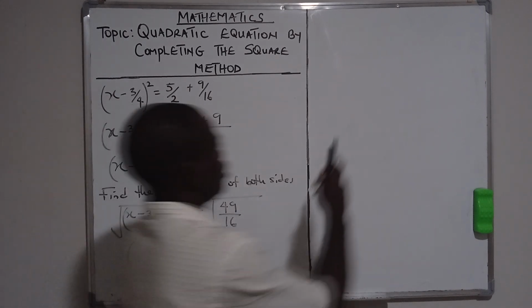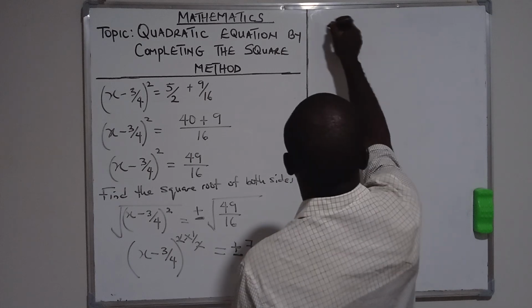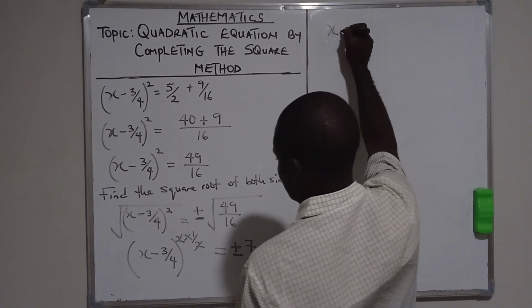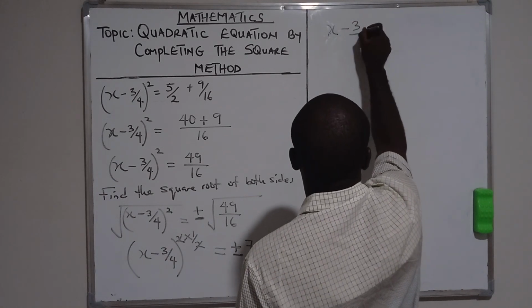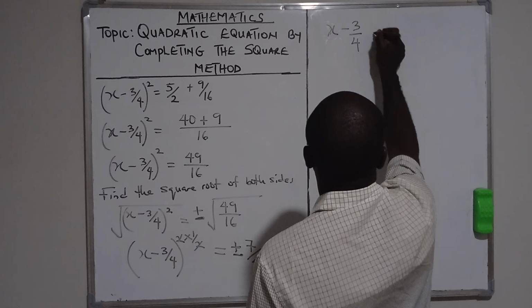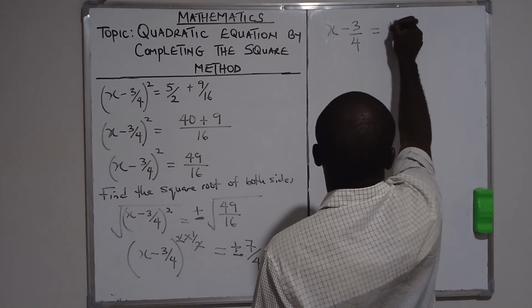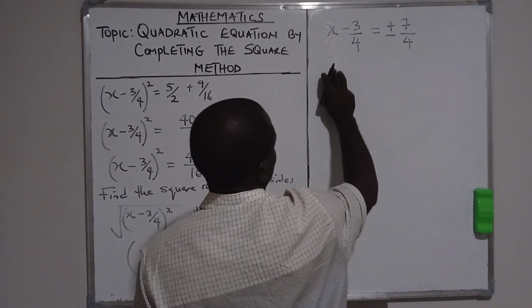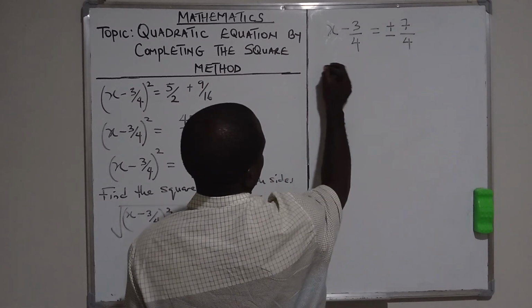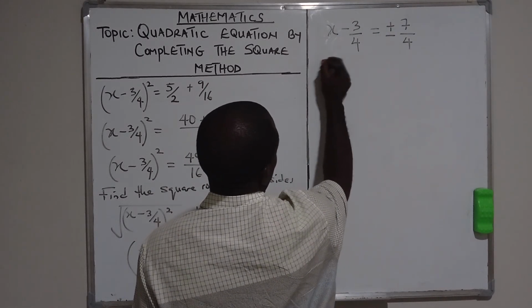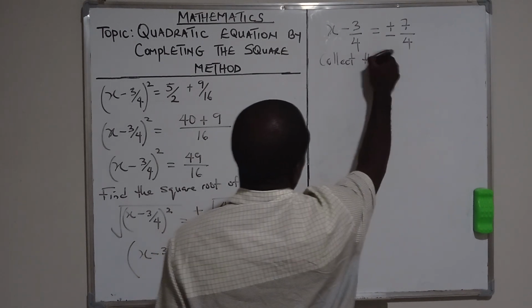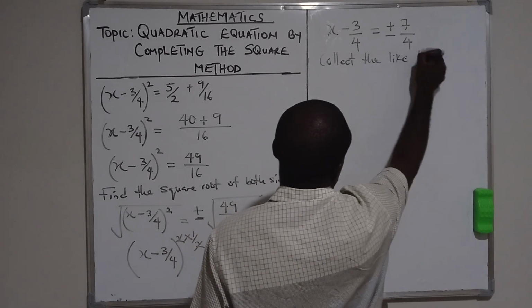You are left with x minus 3 over 4 equals plus or minus 7 over 4. Take minus 3 over 4 to the right hand side and collect the like terms.